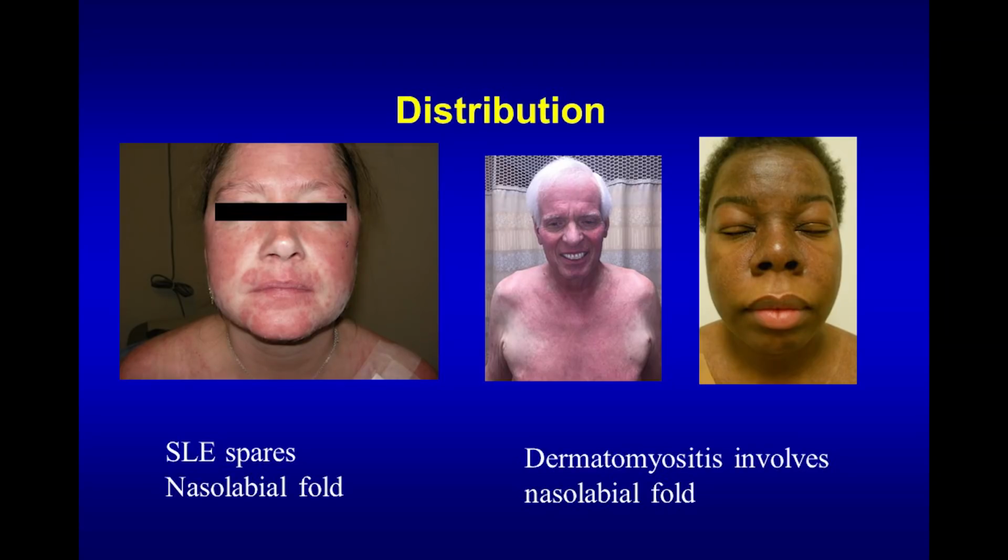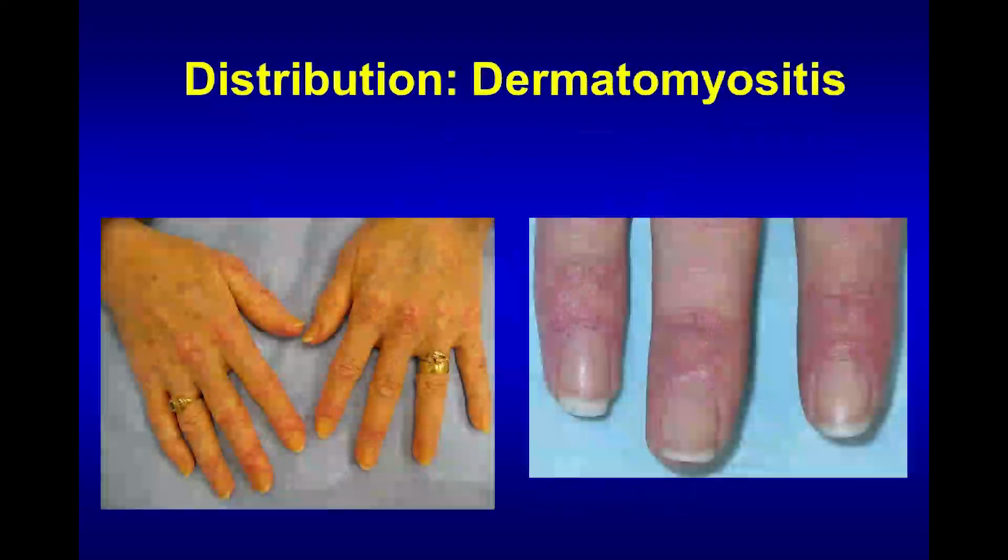So here, again, you can see the V of the neck, again, violaceous color. You can appreciate a lot of dyspigmentation, and erythema over the eyes, the heliotrope. These are all very characteristic changes in dermatomyositis as opposed to lupus in this patient. Again, emphasizing the distribution.